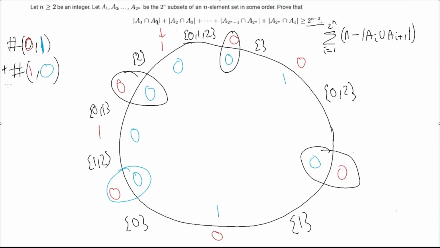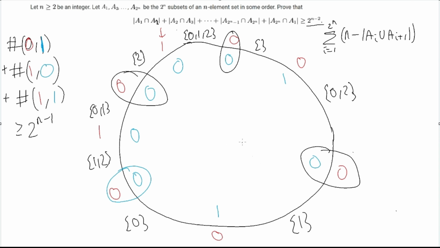And then we have plus the number of ones where we have 1 on the outside, and another 1 on the inside. And we know that this counts all of the ones which are not 0, 0, and there are at most 2 to the n minus 1 of those. So hence this sum here is greater than or equal to 2 to the n minus 1.